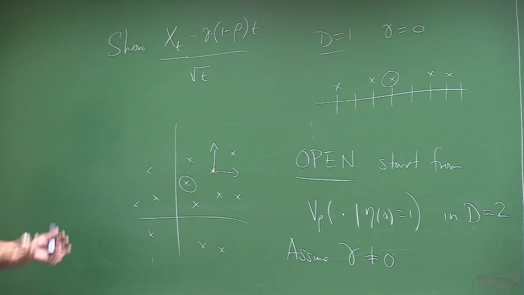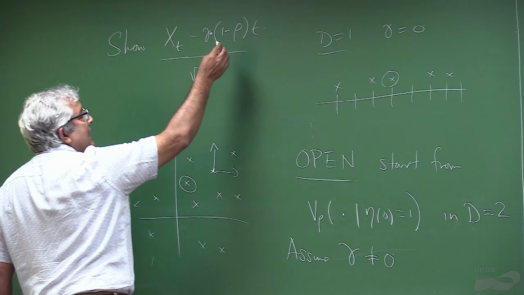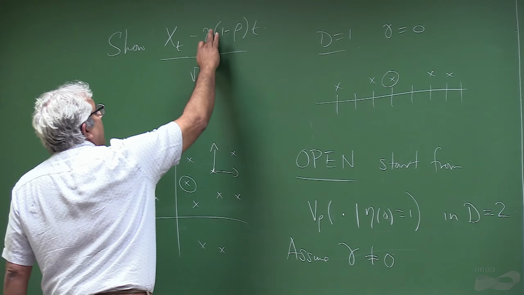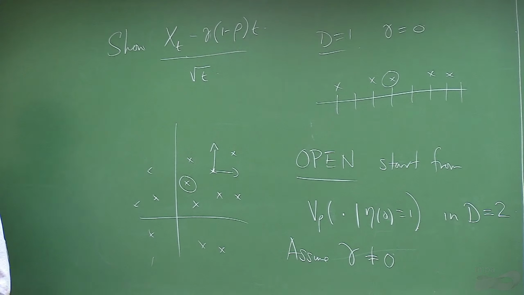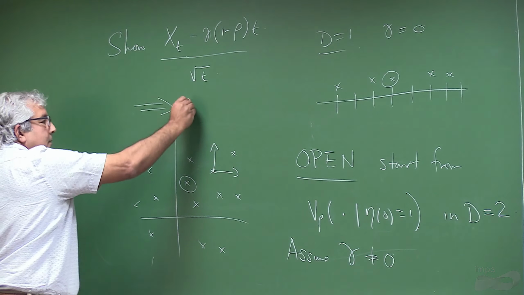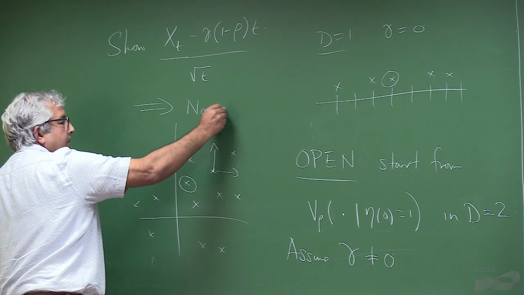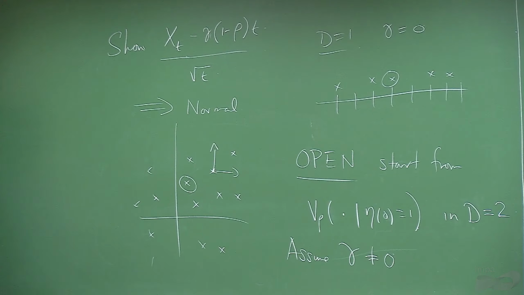This is the scaled random walk, centered. Gamma is now a vector multiplied by the scalar. Divide by square root of t, and this should converge to some Gaussian. That hasn't been proved yet.